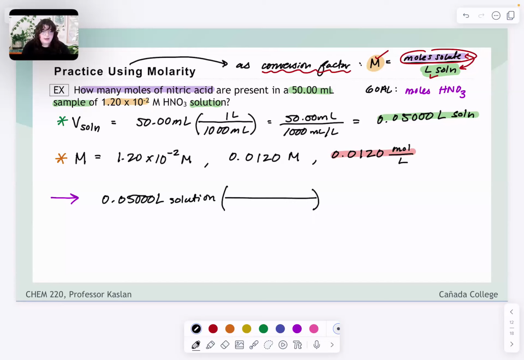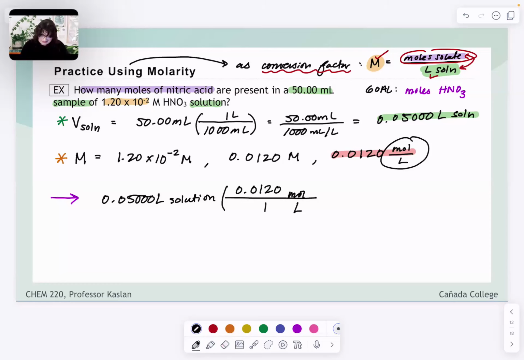And then I want to find moles. So I want to cancel out liters and be left with moles. And what do you know? My solution concentration units in molarity already tells me how many moles there are per 1 liter. So in 1 liter of solution, I would expect to find 0.0120 moles of nitric acid.